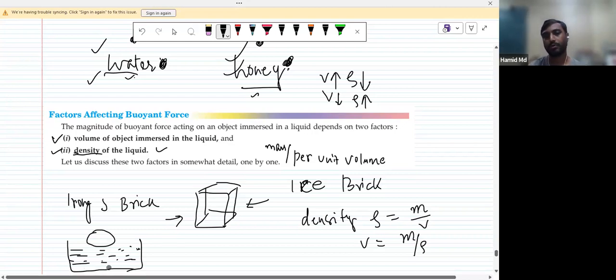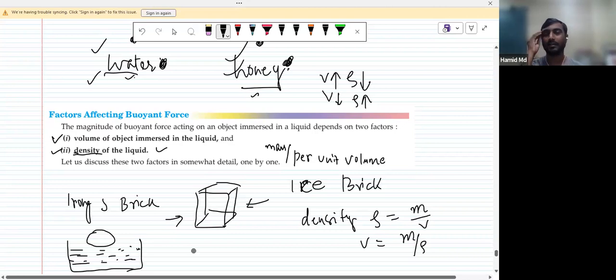So ice density is less than water density. Whose density is more, ice or water? Water density is more than ice density.